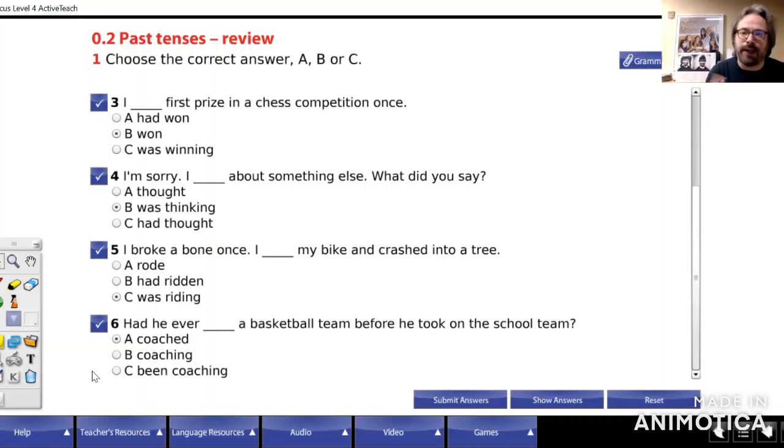So there's a direct link. There's not like he had been doing this when suddenly he went to another team. It was not like suddenly, all of a sudden, someone put a bag over his head and then abducted him to the new team. So there was no direct link. So that's why I would say had he ever coached rather than had he ever been coaching.